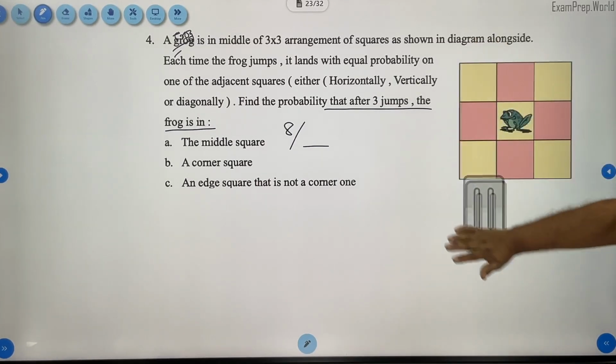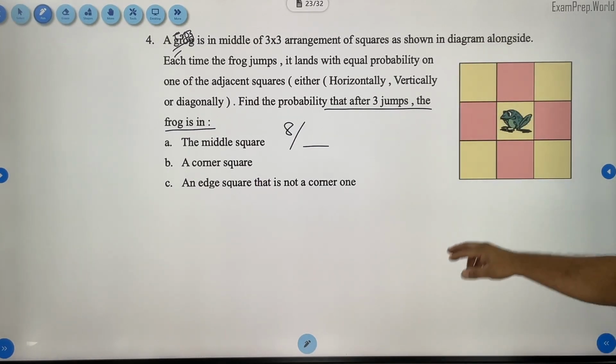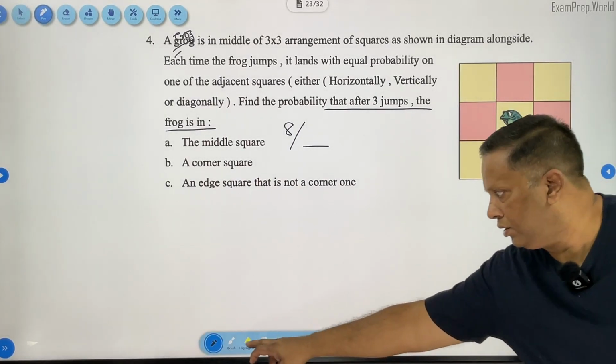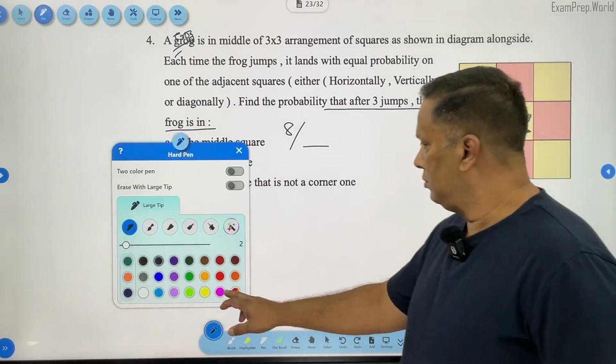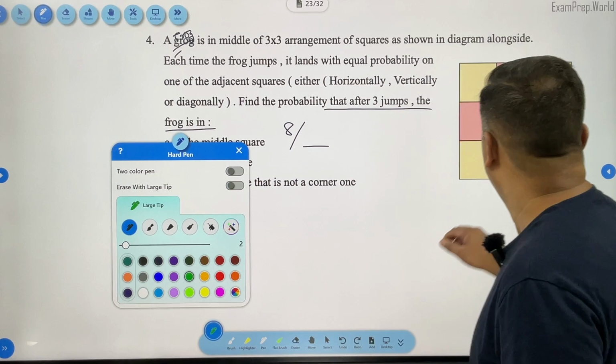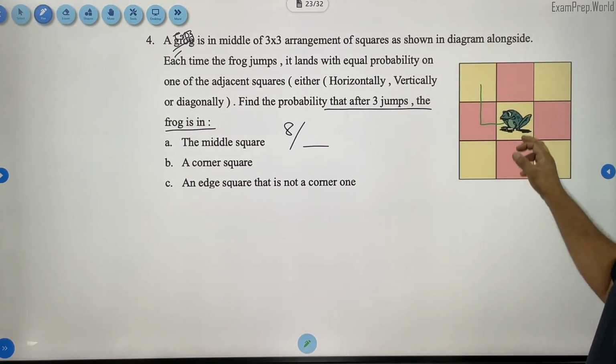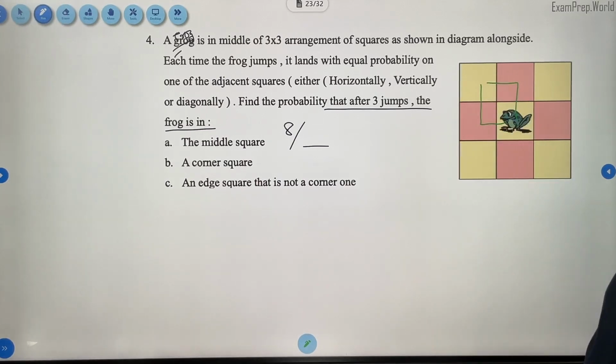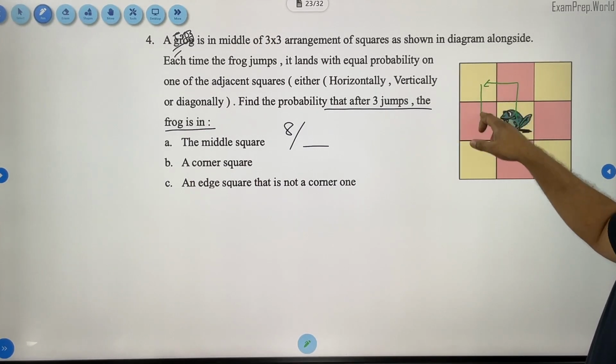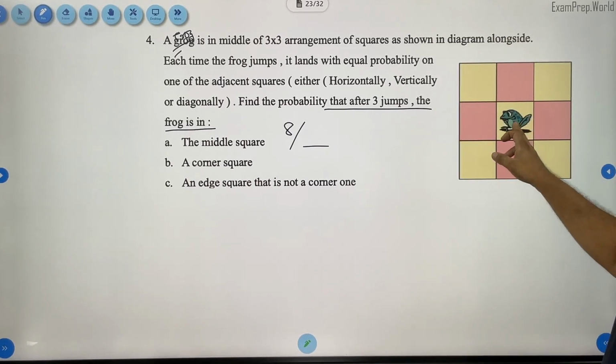Corner square. How can you go to the corner square? We will use another color for marking the corner square. I will use green. So he can jump like this, 3 jumps, or he can jump like this, 1, 2, no, sorry, 3 jumps.